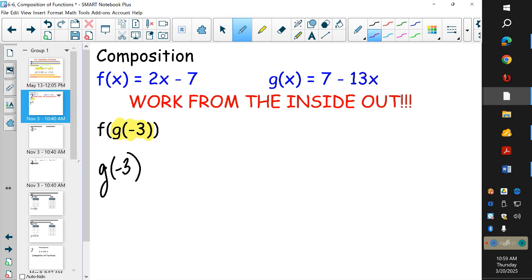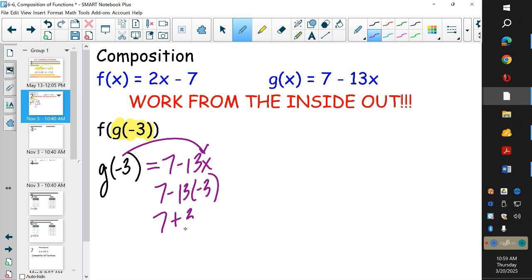So if I'm doing G at -3, what is G defined to be? 7 minus 13x. And in place of the x, I am now going to replace it with what value? -3. So this is going to be 7 minus 13 times -3. So this is going to be 7, a double negative creates a positive, and that's going to give me 39.